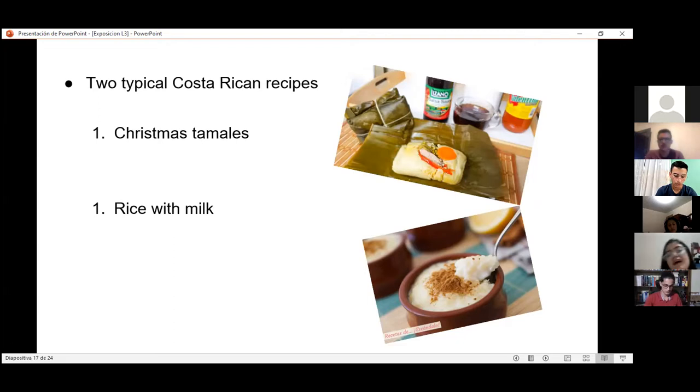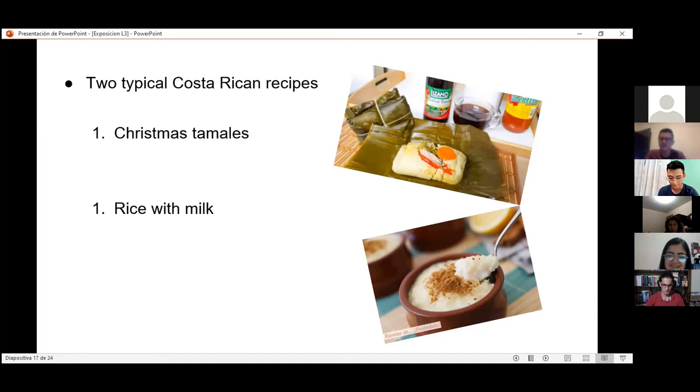For example, the Shanghai food is difficult because very much spice, vegetable, chickens, meat, I don't know. In Costa Rica it's easy.